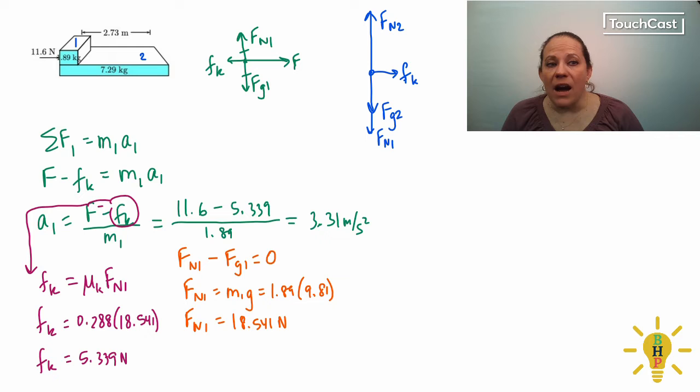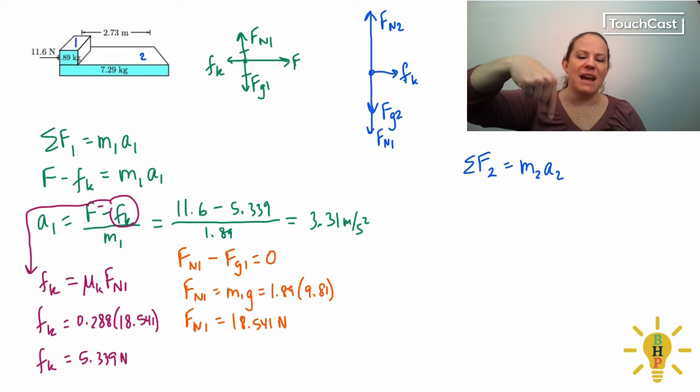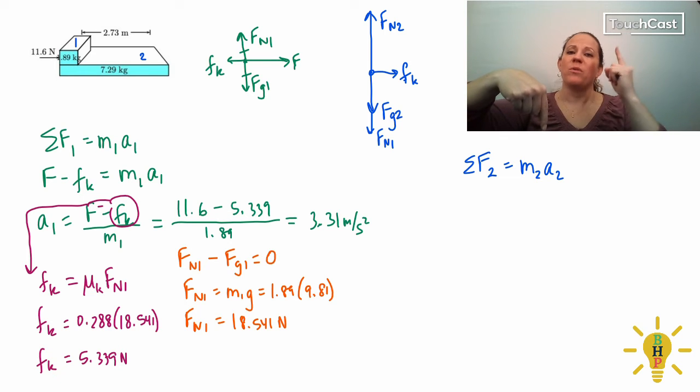Well, great. Now let's go do a force analysis for block 2. So we'll now apply Newton's second law for block 2. And what's kind of nice here is that the frictional force is the only force that's contributing to the net force on block 2, because the sum of the vertical forces down is balanced by that normal force up.